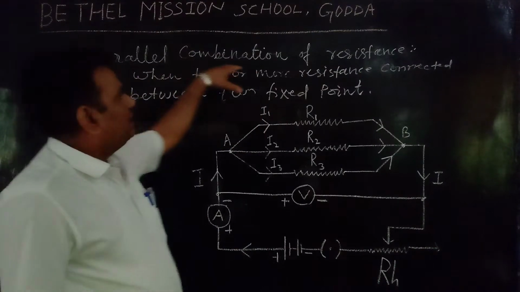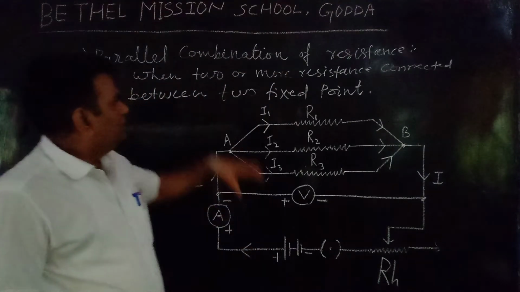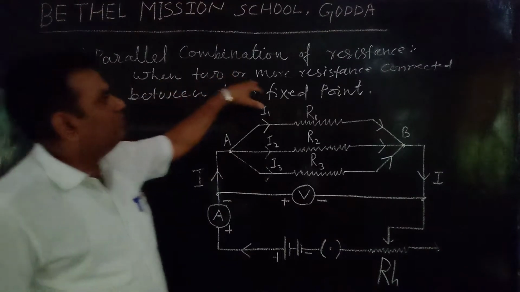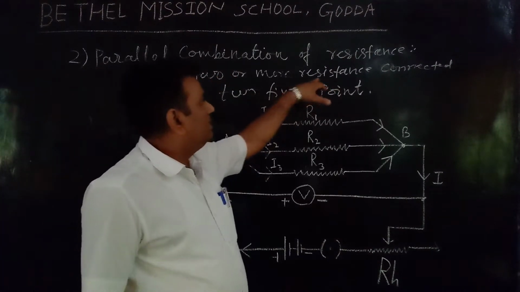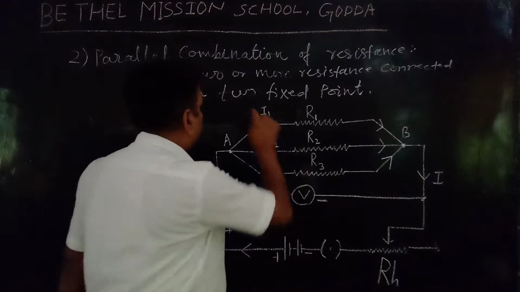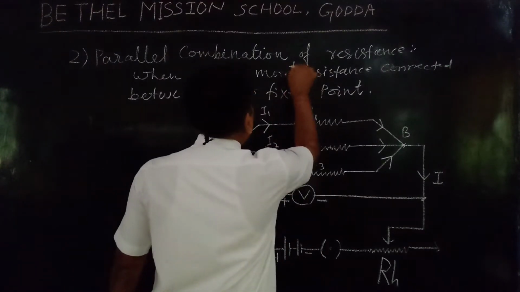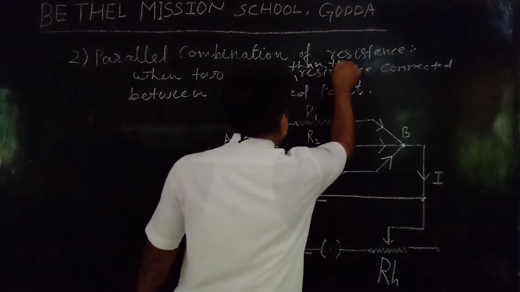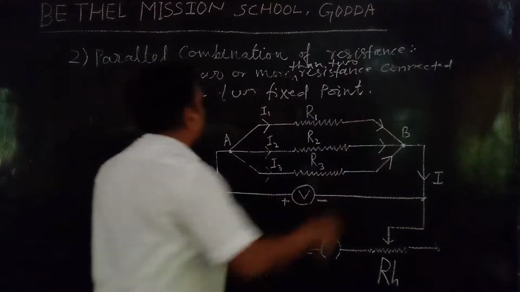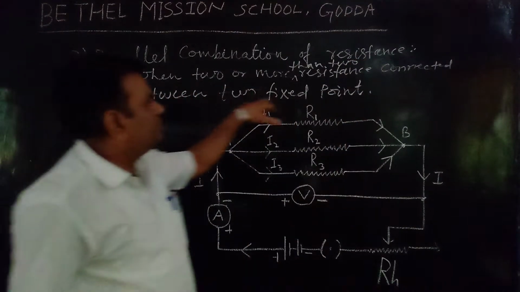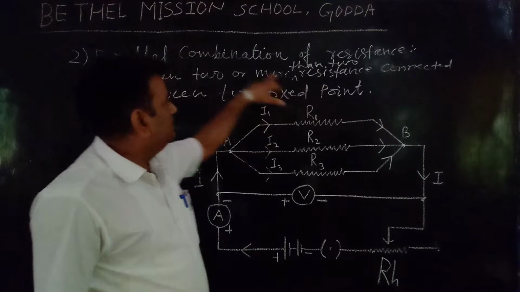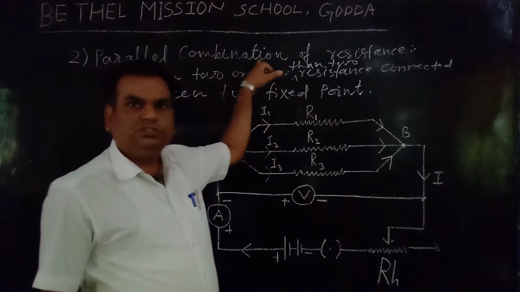So what is parallel combination of resistance? When two or more than two resistances connected between two fixed points is known as parallel combination of resistance.